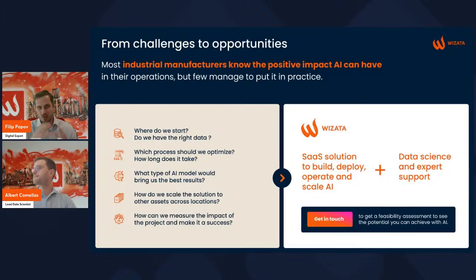So Wizata really has a feature to help scale AI models and AI solutions across the whole production, as well as across different sites seamlessly. Last but not least is, how can we measure the impact and ensure successful deployment, which is, of course, very important. In fact, the very important driving idea behind even deploying AI in the first place is to reduce costs, right?